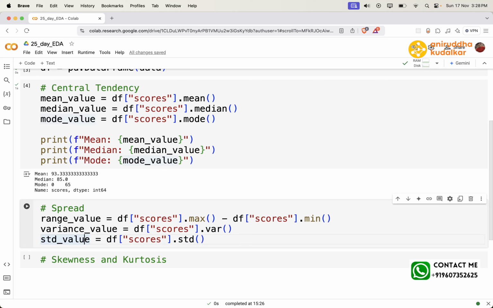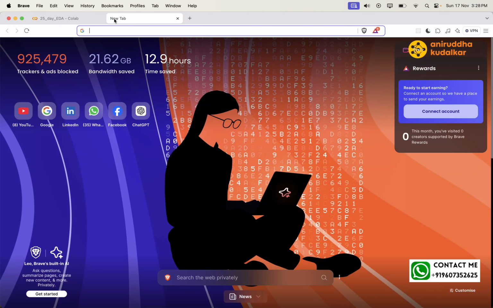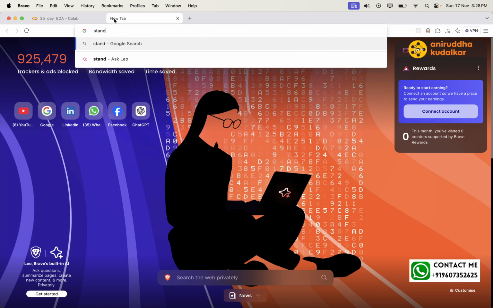Now what do you mean by variance? It computes the variance and the standard deviation. Standard deviation and variance.